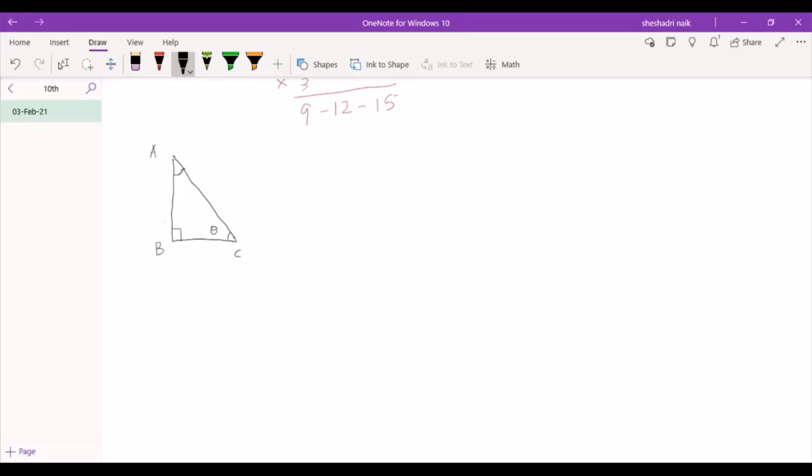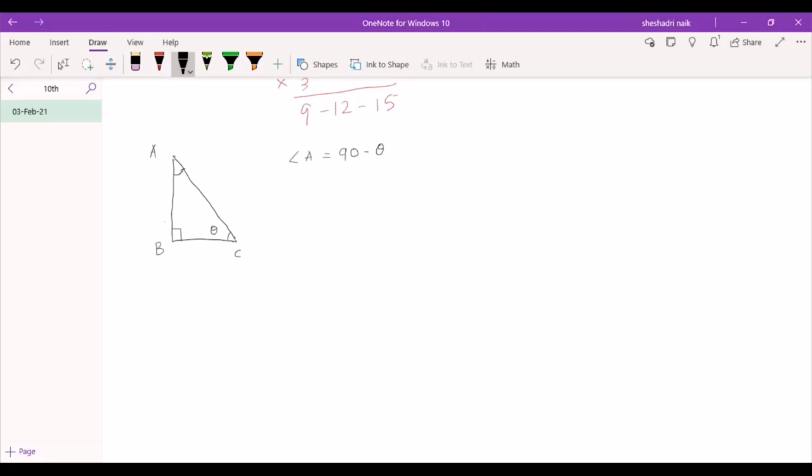So how much will angle A be? Angle A will be 90 minus theta. It's the complementary angle.